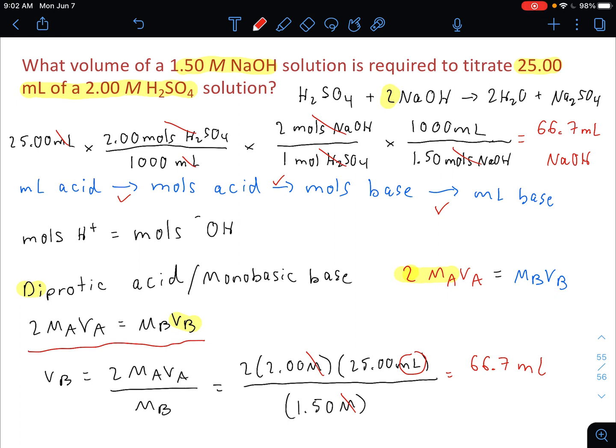So it could also be the other way around, right? It could be a monoprotic acid and a dibasic base, and there I'd put the 2 with the base. If they were both diprotic, then it wouldn't matter, right? Then we wouldn't need a factor of 2 on either side because it would just work the same way in both cases.